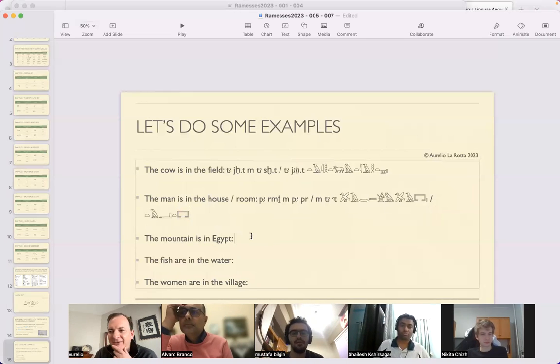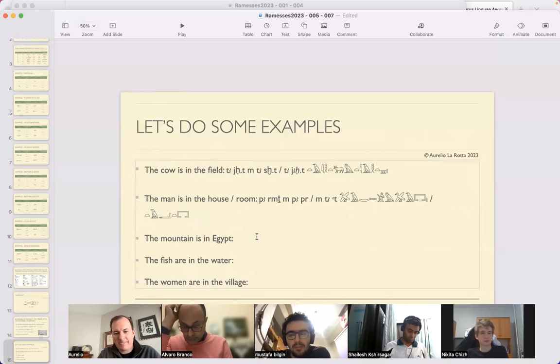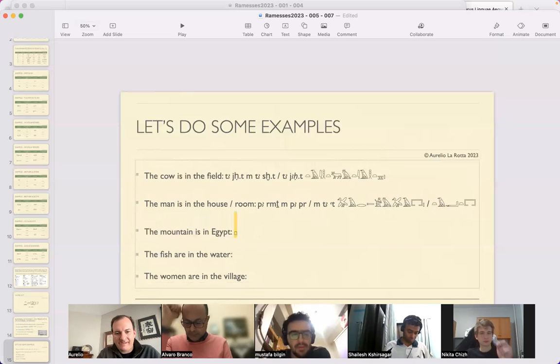What do we make out of the mountain is in Egypt? This one's a bit more tricky because the word Egypt is a bit longer. I can try. Go ahead. Ju. Just going to go straight Pa- to Egyptian if that's okay.